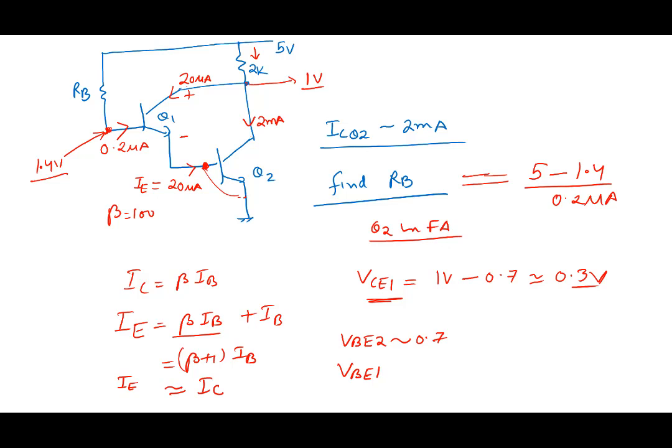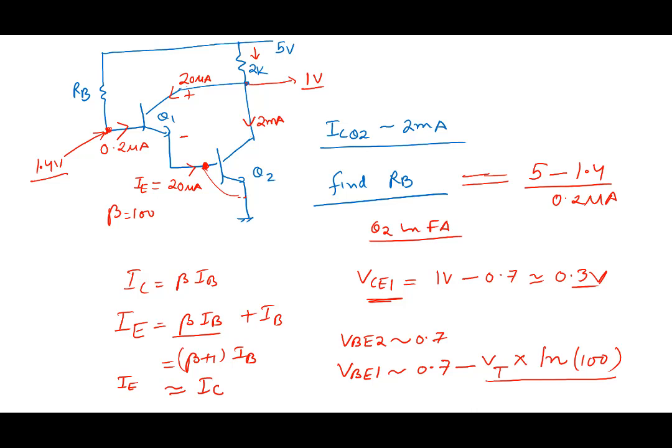So if you wanted to be more accurate, if you're assuming 0.7 for Q2, what you should assume is 0.7 minus thermal voltage VT multiplied by ln of 100. It's a factor of 100 less, so you know the diode drop, how it goes. So one should have assumed this to be a little less here, if you want to be more accurate.